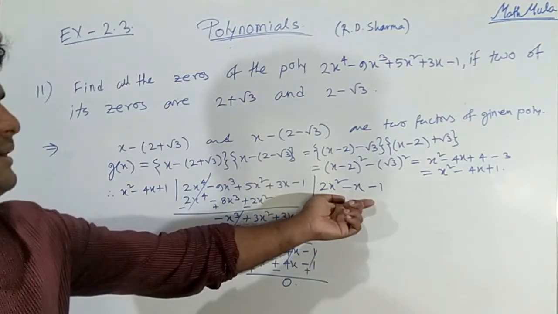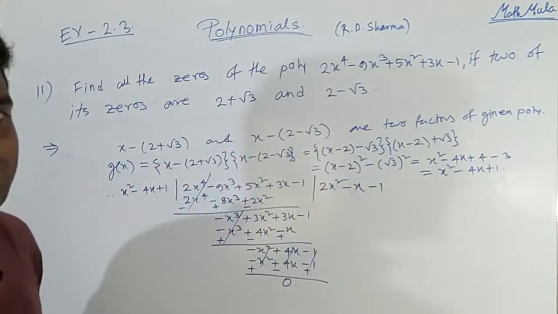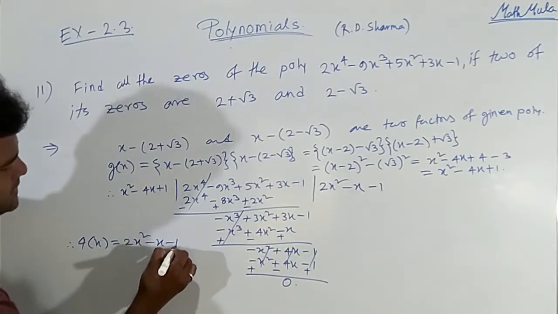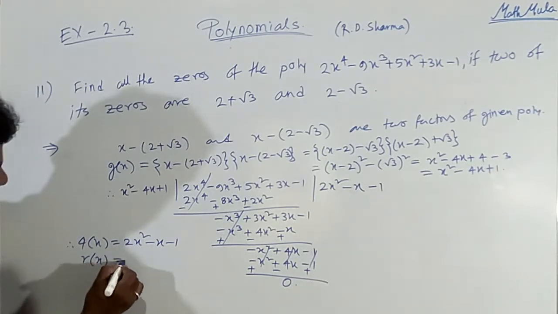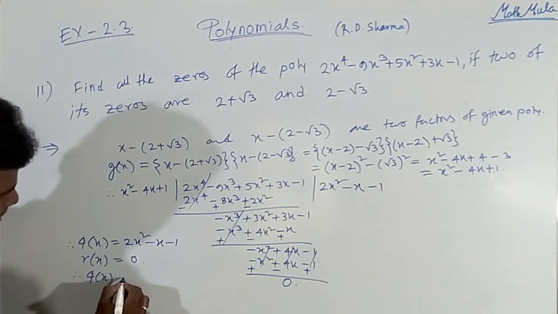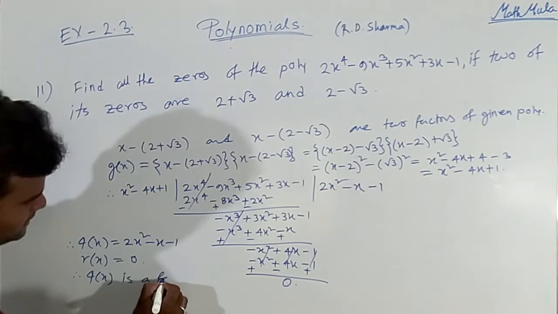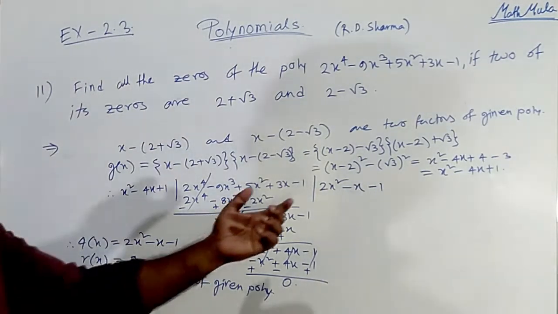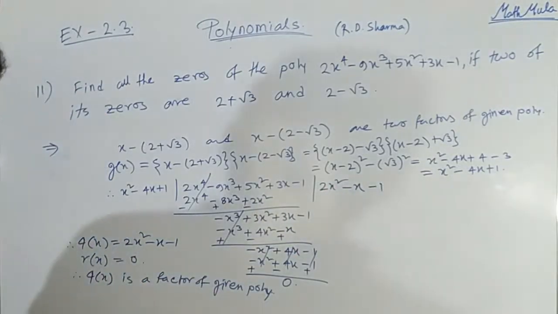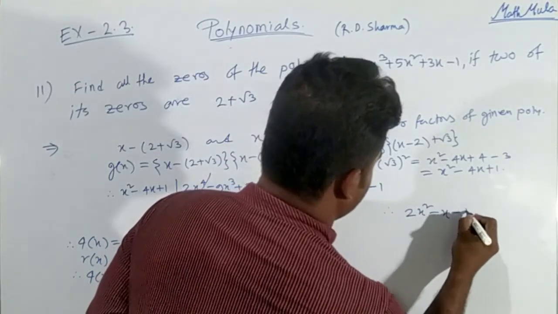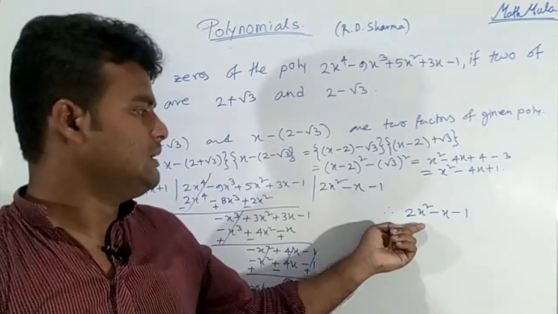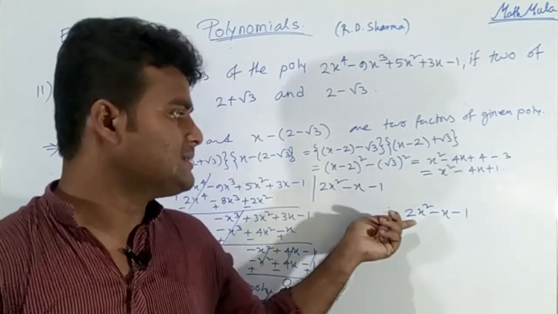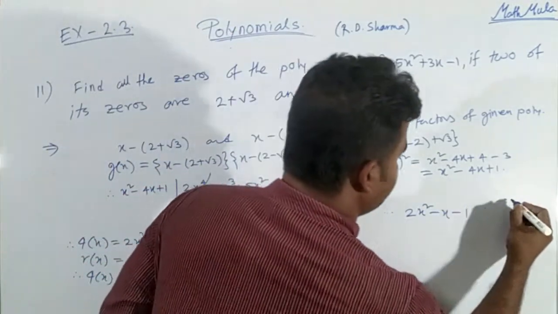So the quotient is a factor of the given polynomial. Therefore the quotient is 2x^2 - x - 1 and r(x) is equal to 0. Therefore q(x) is a factor of the given polynomial. Now we factorize the quotient into two linear factors, 2x^2 - x - 1. The leading coefficient is 2, so we multiply the constant term by this leading coefficient, and it will be 2.